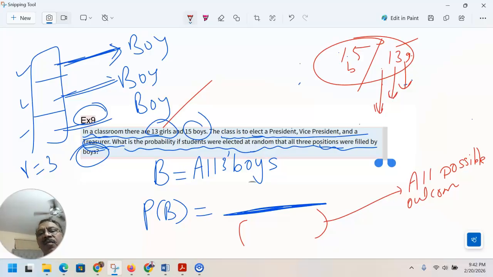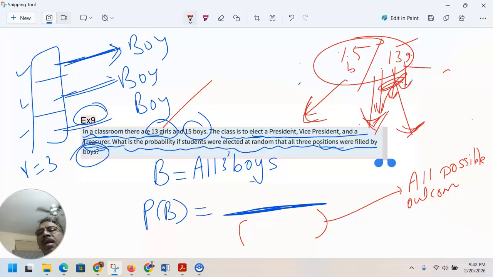So the number of ways you can pick these three students is, now these three students could be even boys and could be girls also. When you pick three, it could be any of these. So that means there are 28 of them. So this becomes 28 P 3.